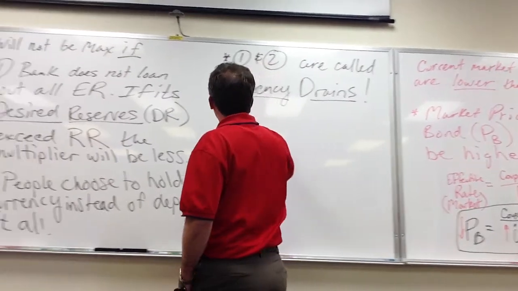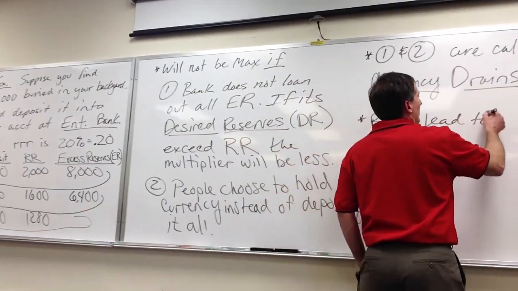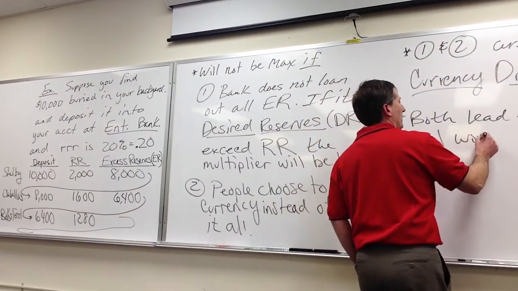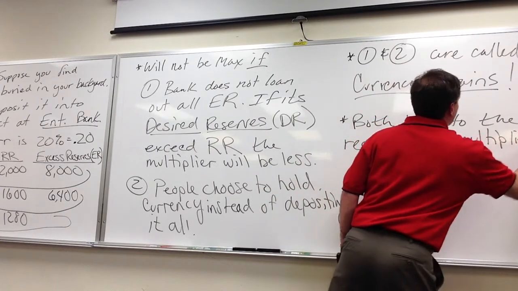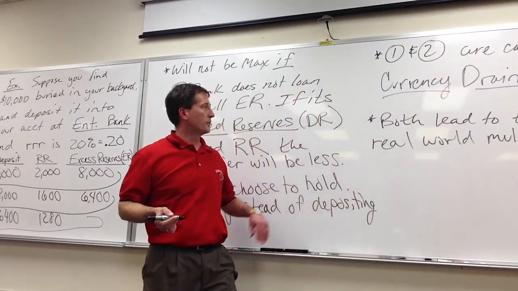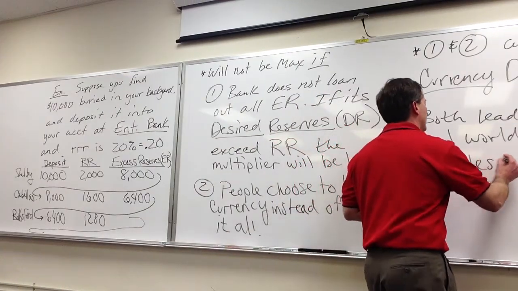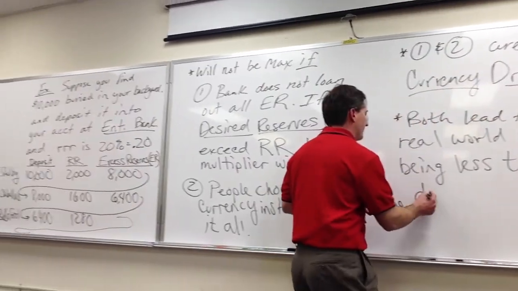And both lead to the real world multiplier being less than the deposit multiplier.